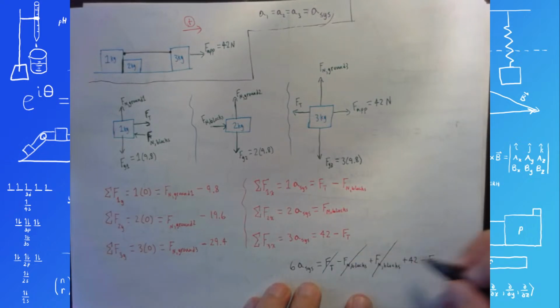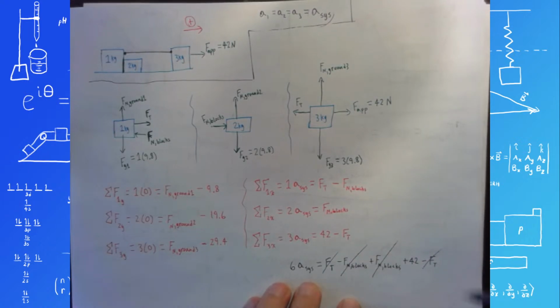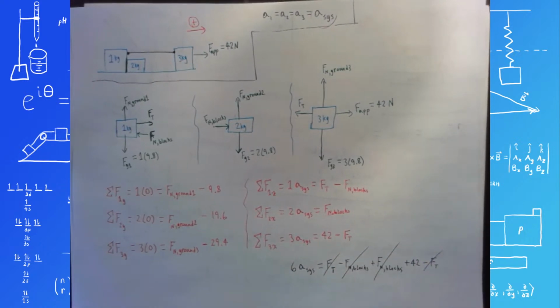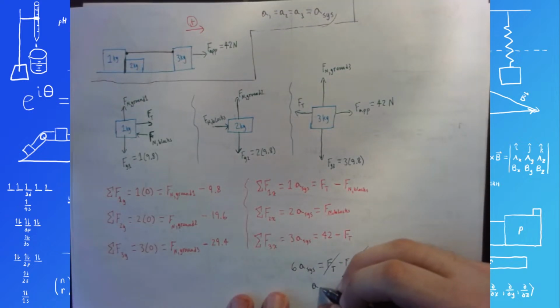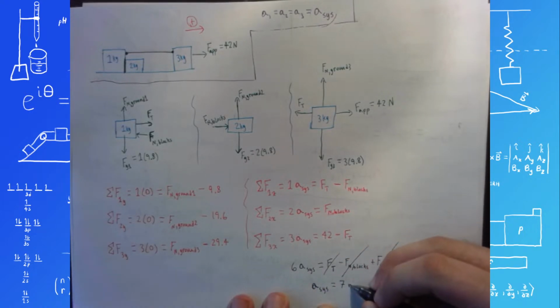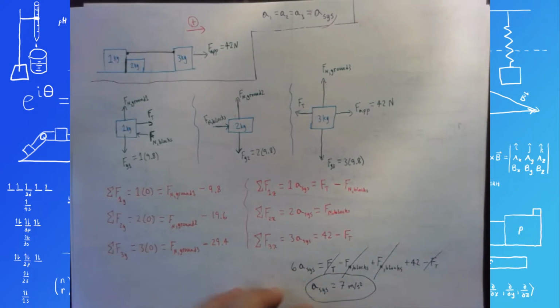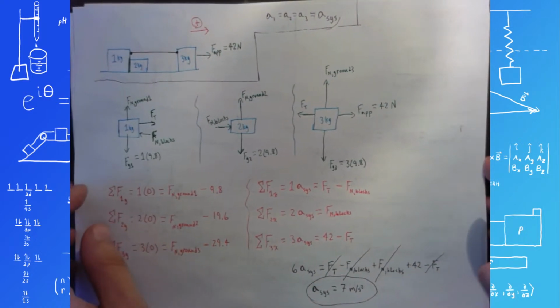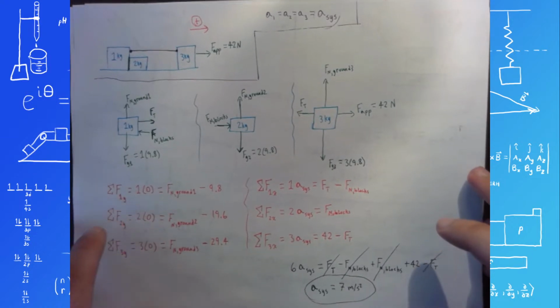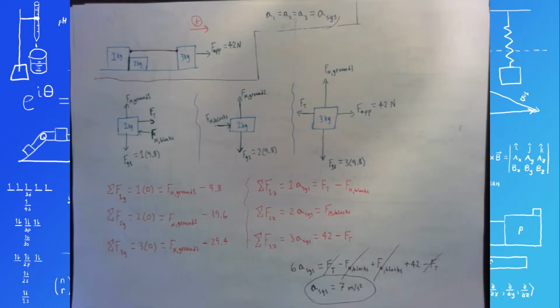Oh, well, we've got tension force and minus tension force canceled out. So all that's left is 42. And 42 divided by 6, acceleration of the system is 7 meters per second squared, which is actually quite a lot. Considering how big a meter is.